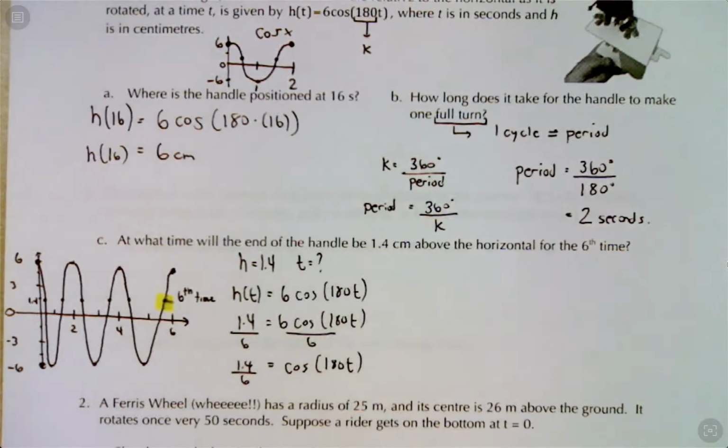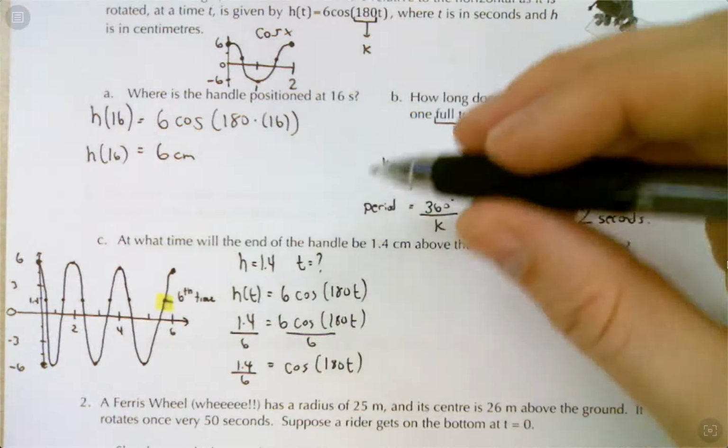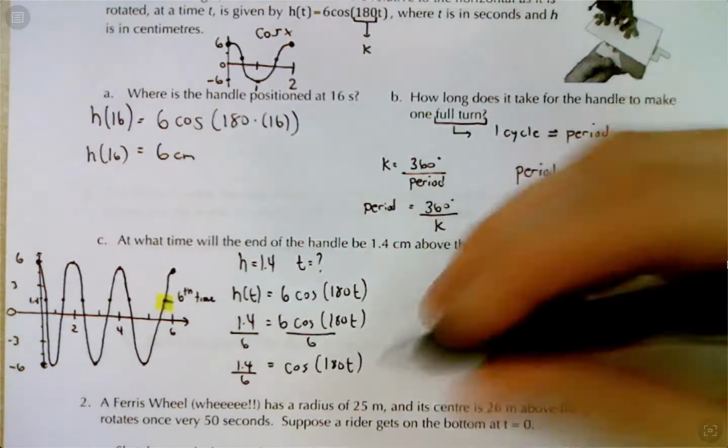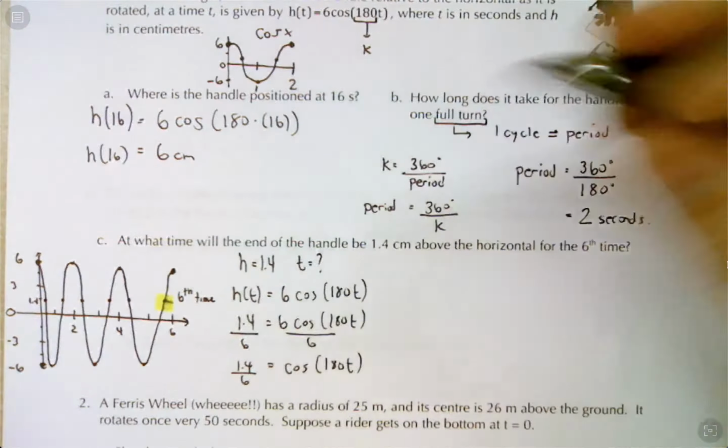180t. If we do cos inverse, we can find the angle of the handle relative to the horizontal, but we want the time. So cos inverse will give us the related acute angle, but we want the related acute time because we're working in time.